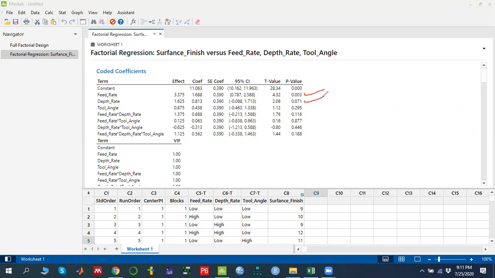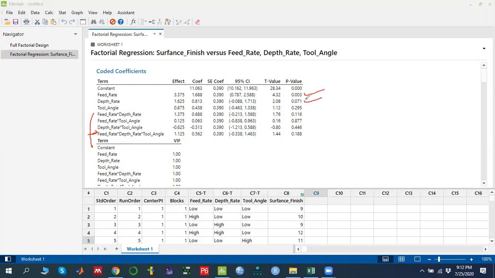Depth rate, it might be possible right now as I have considered all the interactions. So right now it looks like, because it is greater than 0.05, that it is not significant, but we will check. It might become significant if I delete the 3-factor interaction, or maybe the 2-factor interactions from the model. We will check later.